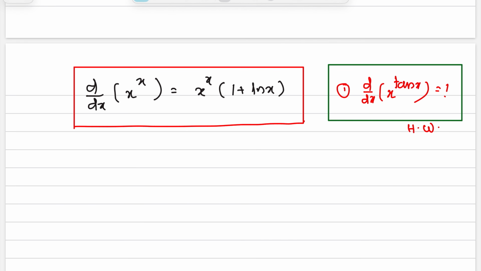This is the right hand side. We have got some value. Now, what is there in the left hand side? Integral of x to the power of x dx. How can we write it?